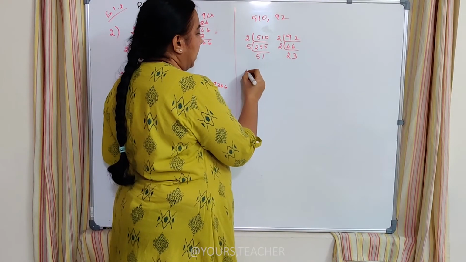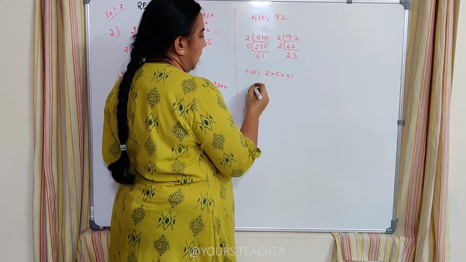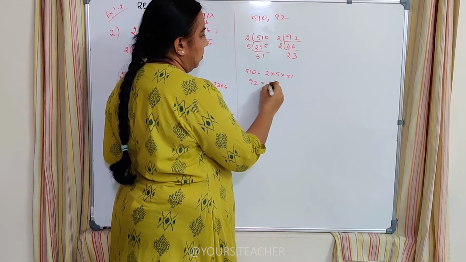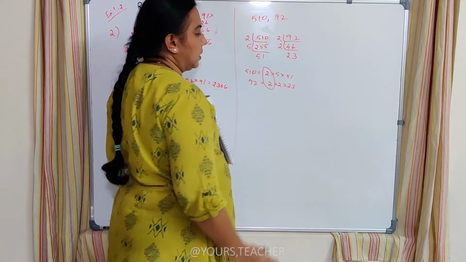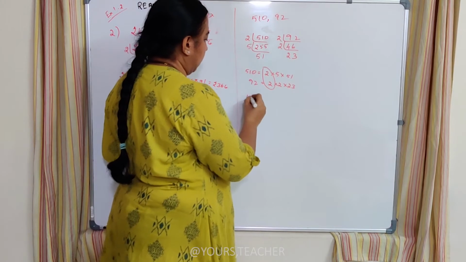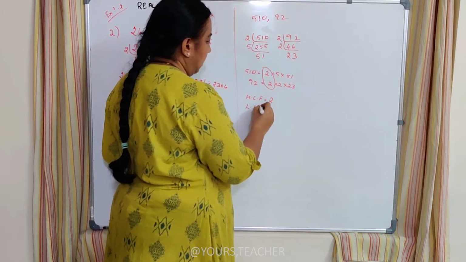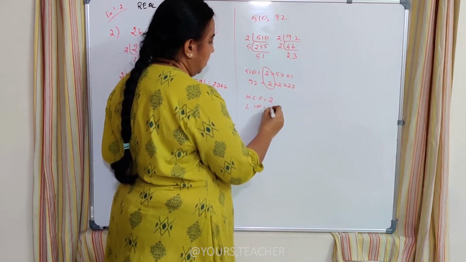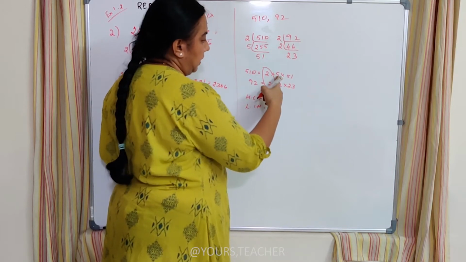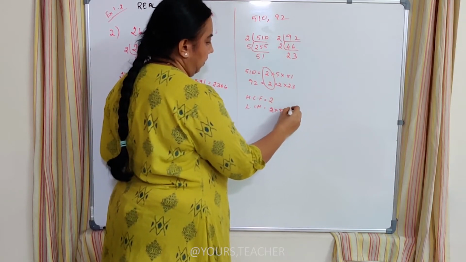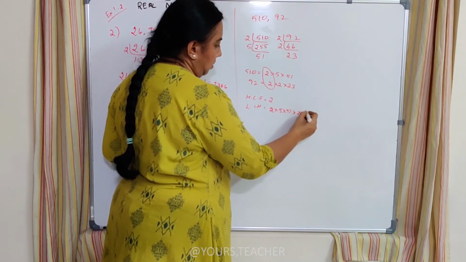So I can write 510 as 2 into 5 into 51, and 92 can be written as 2 into 2 into 23. Here only 2 is the common number, so HCF is equal to 2, and LCM is equal to 2, the HCF number written one time, into 5 into 51 into the remaining 2 into 23.